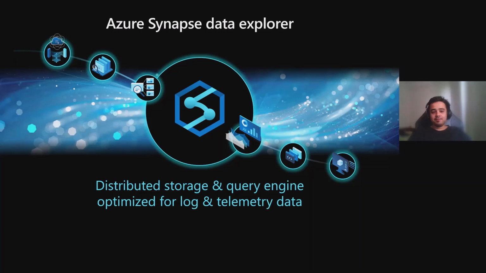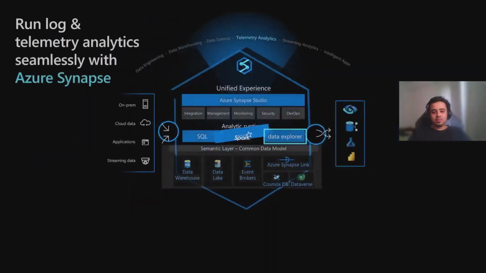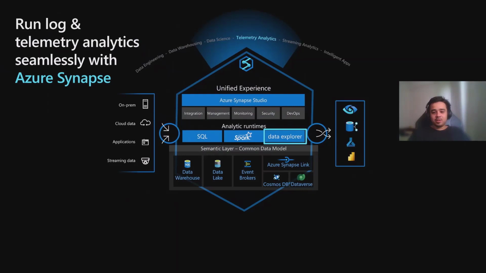And as part of the Azure Synapse suite, Data Explorer is also available as an option for your telemetry analytics needs. So basically, to complement our existing SQL and Apache Spark pools, which are available as runtimes in Azure Synapse, Data Explorer is an additional engine, which is basically Azure Data Explorer available as part of the Synapse ecosystem, also known as Synapse Data Explorer.